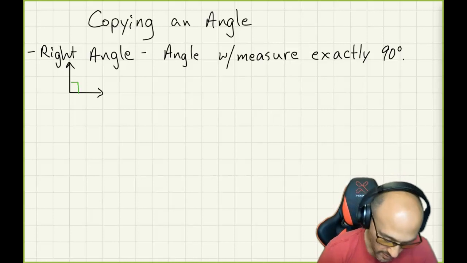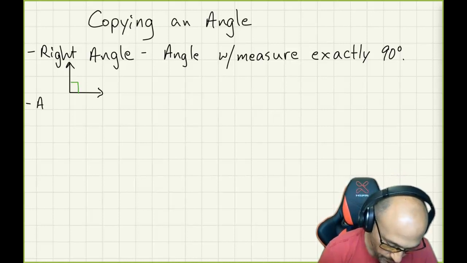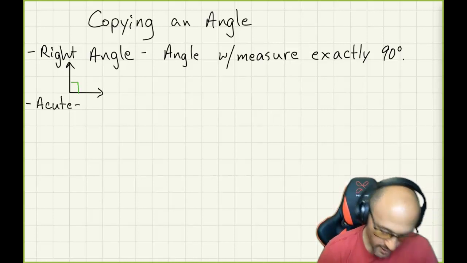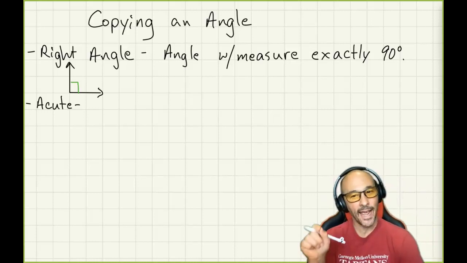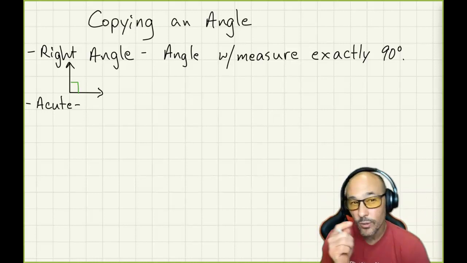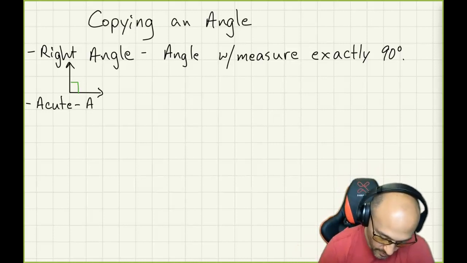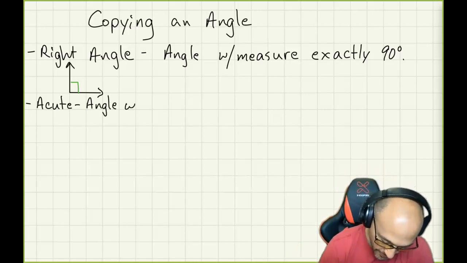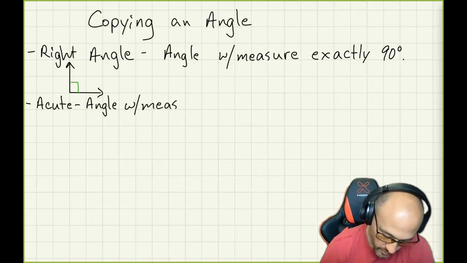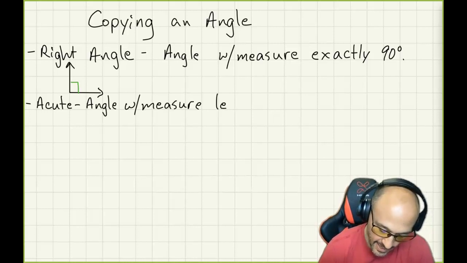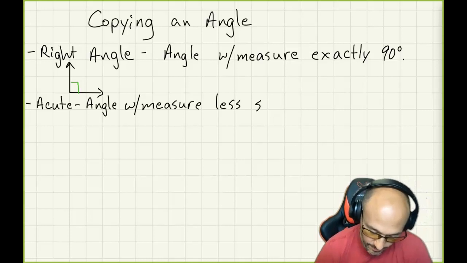The second one we're going to talk about is acute. And the word acute, people often say a cute, like a cute little thing, because it's an angle with measure less than 90 degrees.